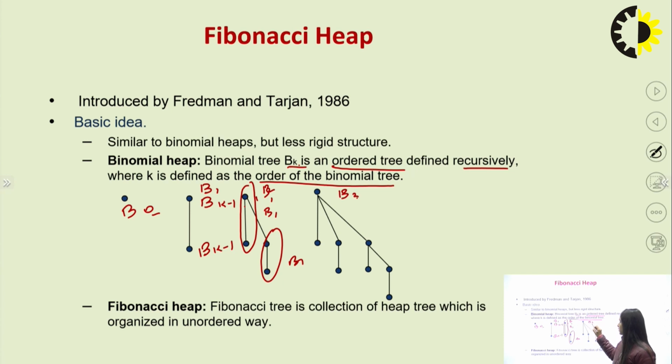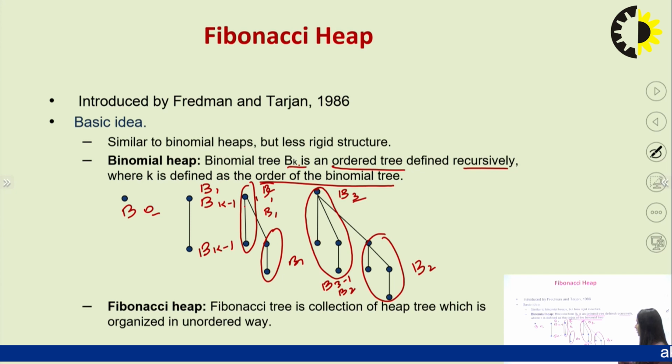If this is B3, its order is 3, so each part is Bk minus 1, meaning B3 minus 1, which is B2. So this part and this part are B2. We connect these two B2 trees, and this gives you the B3 binomial tree, which is of order 3. This is the way we design this tree.